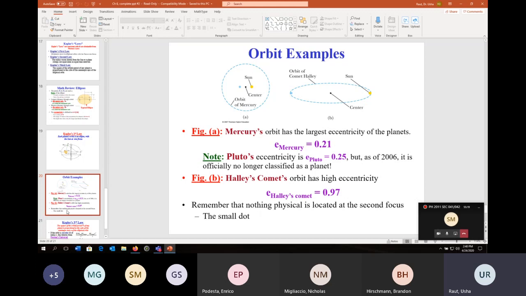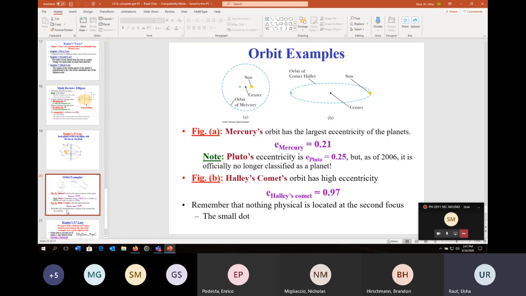Mercury should be the lowest eccentricity, that seems to be wrong. Okay, so Halley's Comet has the largest eccentricity, as you can see. It's got a very, very eccentric orbit. It almost scrapes the sun on one end and goes off very far on the other end.